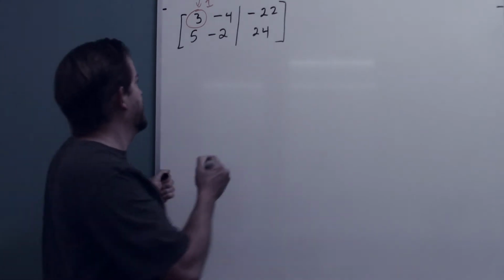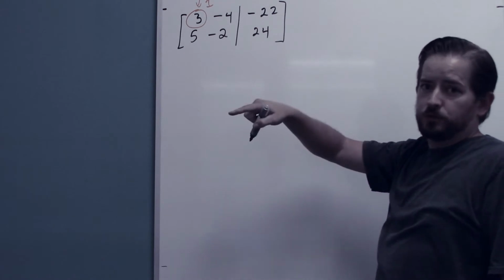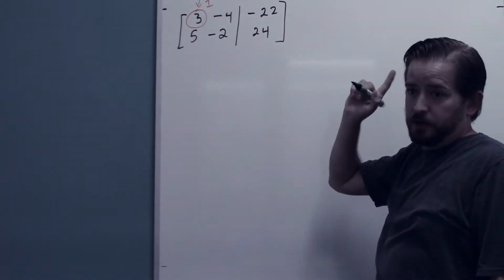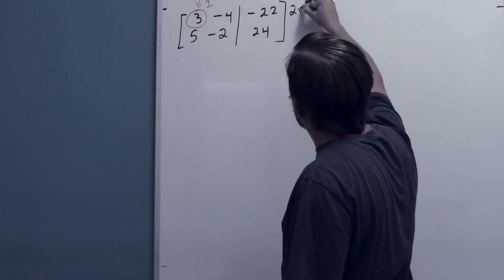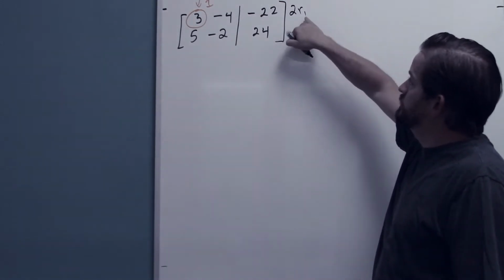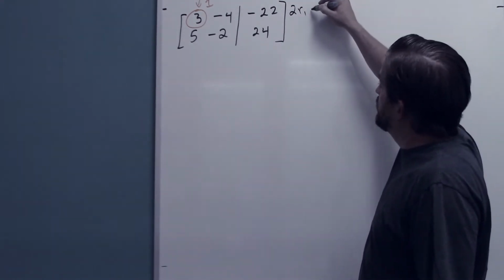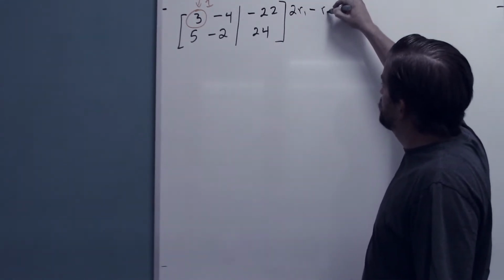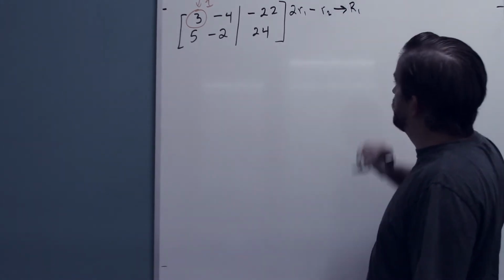So writing that down, I'm going to use a little r to represent my old row, and a big R to represent my new row. So I'm going to say double my old row 1, a little subscript of 1 means row 1, and then I'm going to subtract row 2, and that's going to become my new row 1.